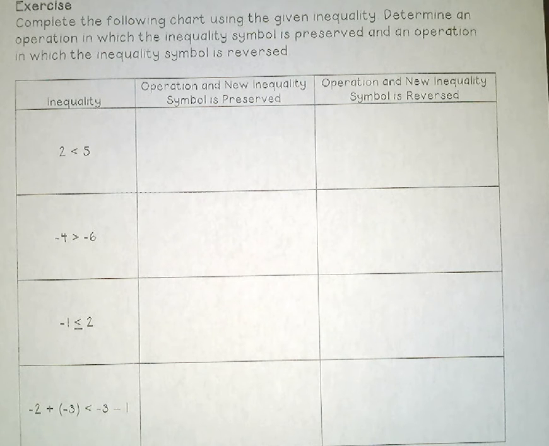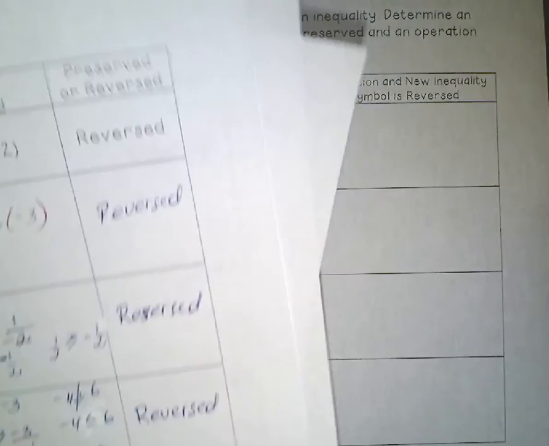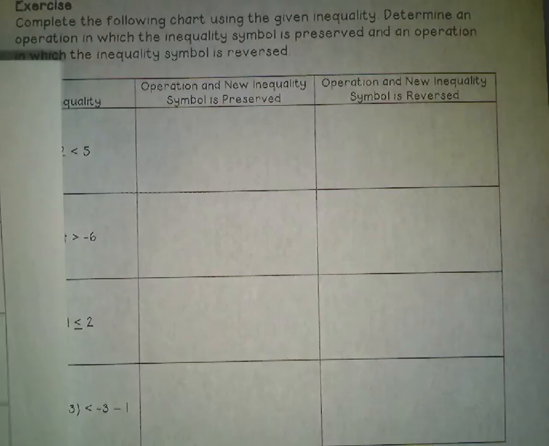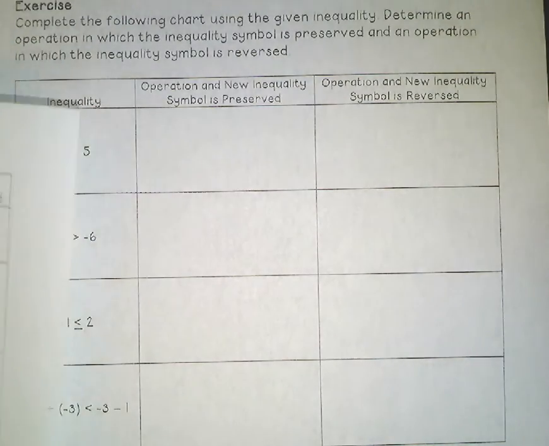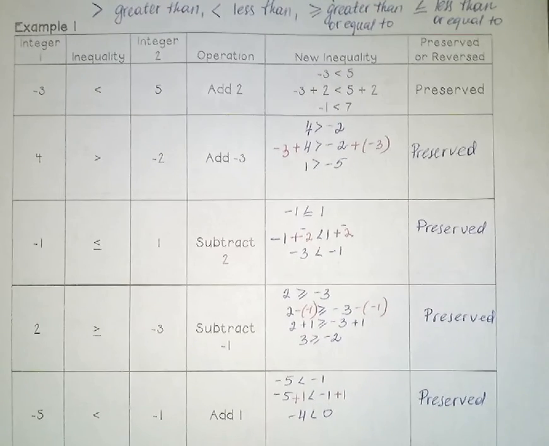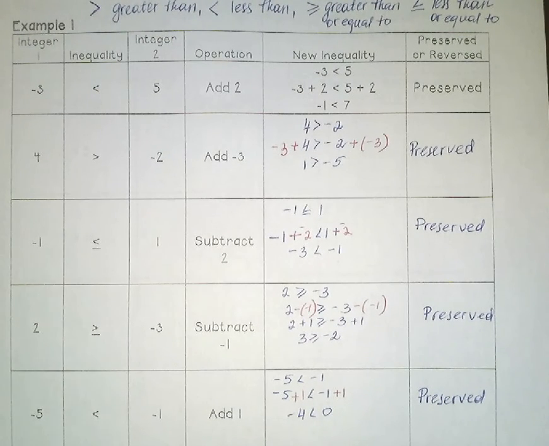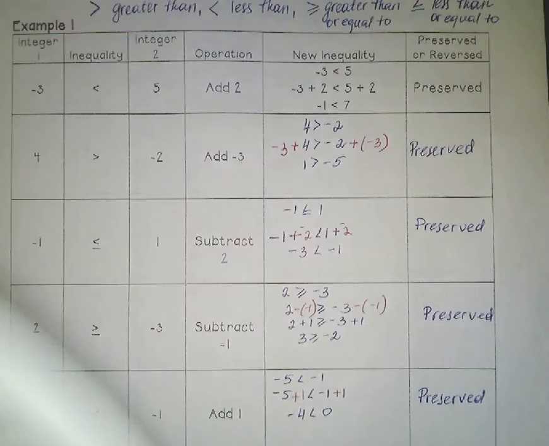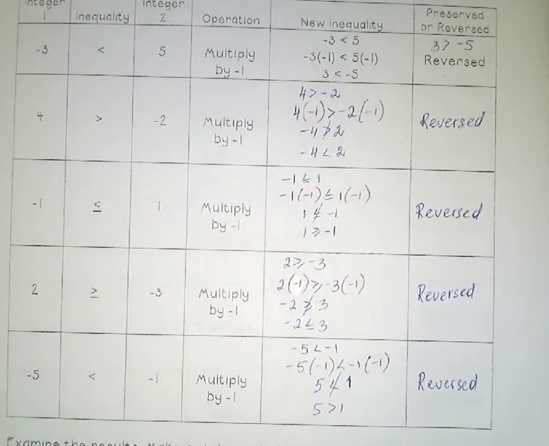So let's take a look up here again at our three previous tables. When we looked at it the first time, we were adding or subtracting either a positive or negative integer, and the sign is preserved. Here we were multiplying by negative 1.